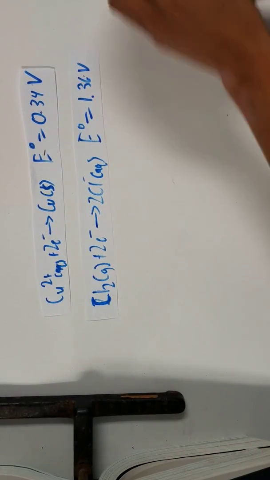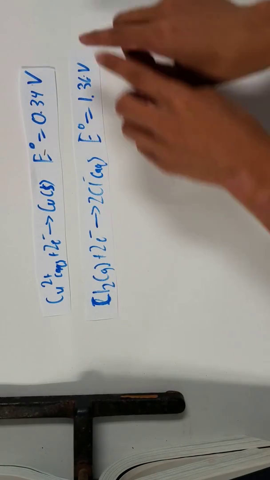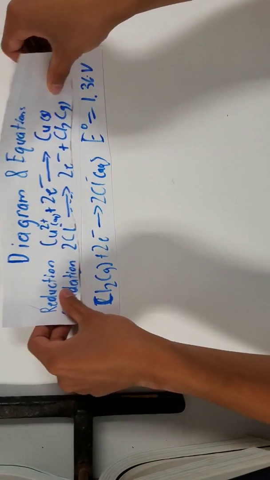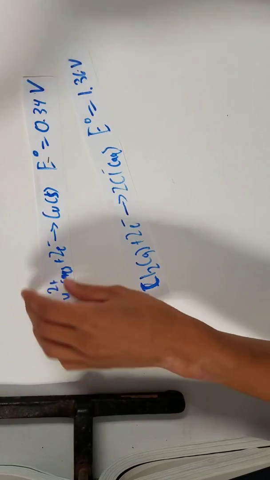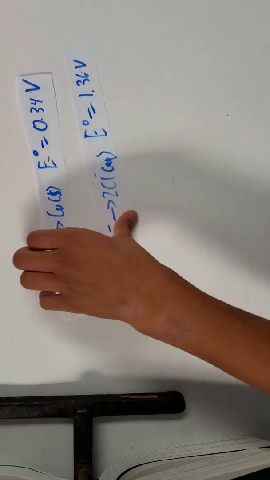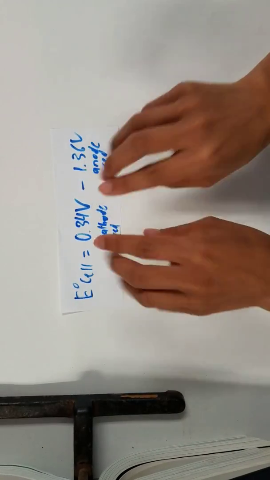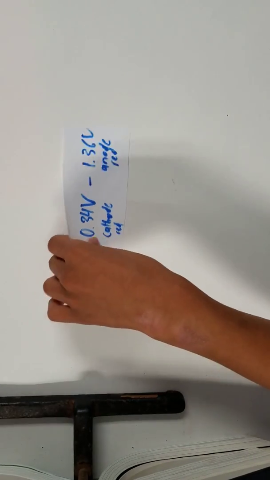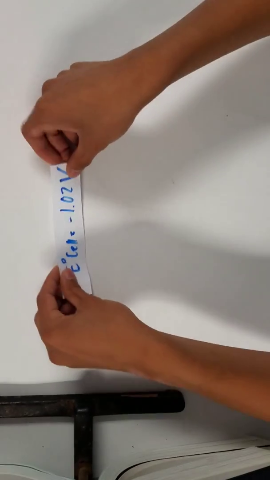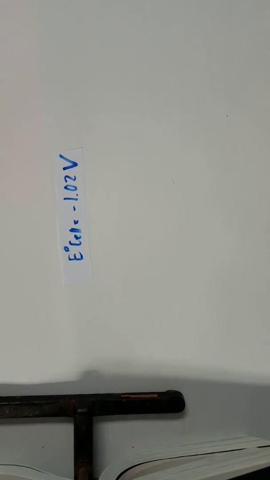As you can see here, like I said, this becomes this. So when you do the math and plug in numbers, you get this, and your standard cell potential becomes negative 1.02 volts.